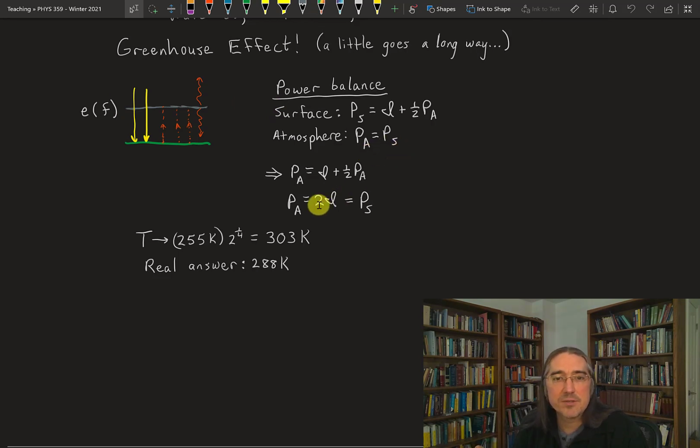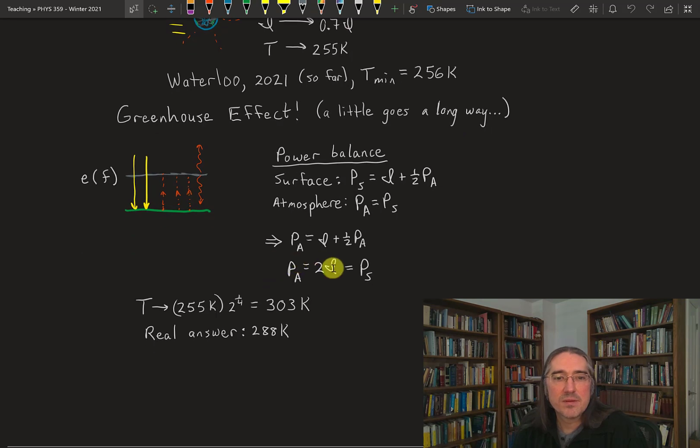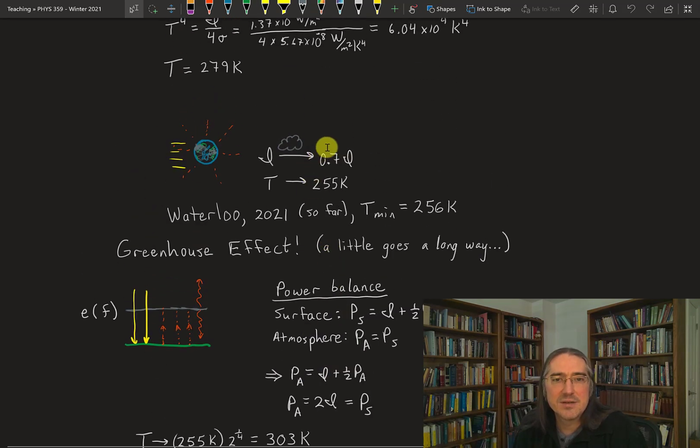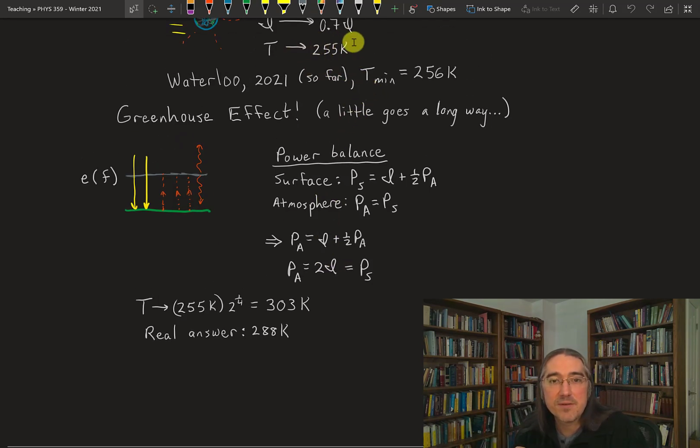Now what's going to happen? Well, just like up here, the clouds made it 0.7. This is now, I should say this I is 0.7 times I, right? This is the I that makes it through reflections from the clouds. Okay. So I'm going to take now my 255 calculated with cloud reflection taken into account, and I'm going to have double the power coming in.